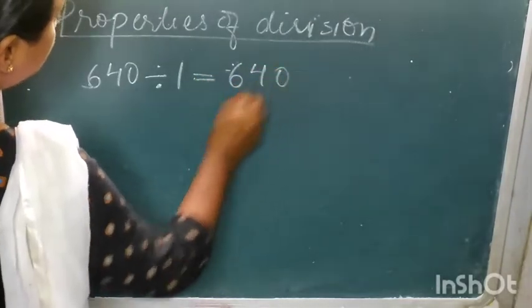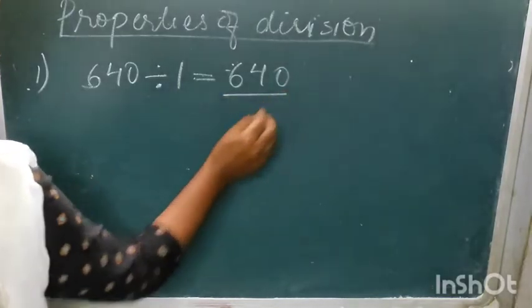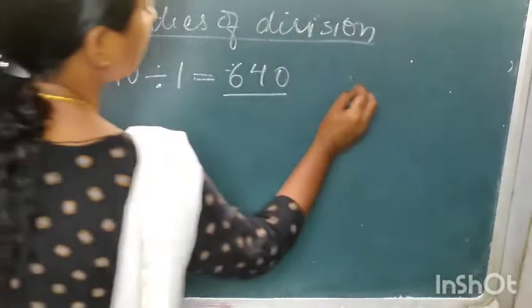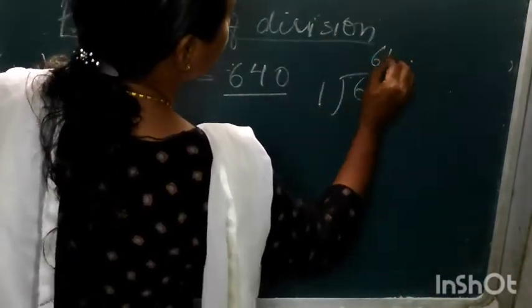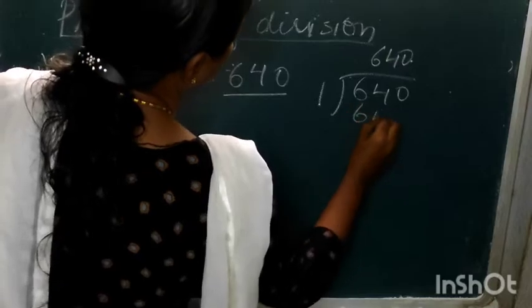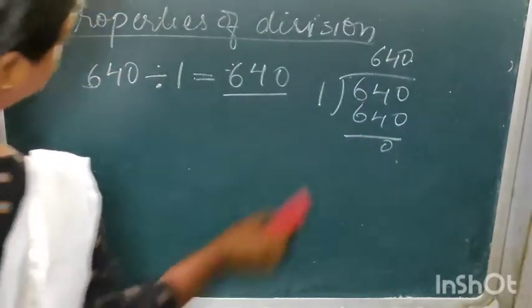When you divide any number by 1, you get the number itself. This is the first property. The quotient is the number itself. Like 640 when you divide by 1, this 640 is the quotient, and you get the remainder 0.